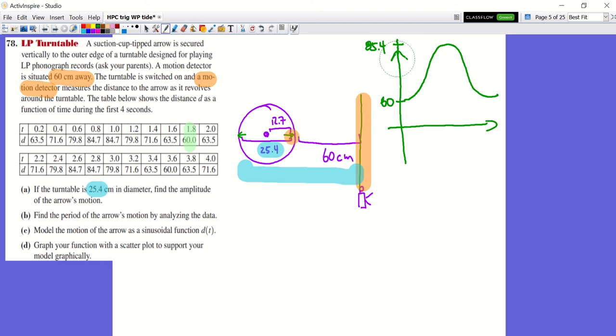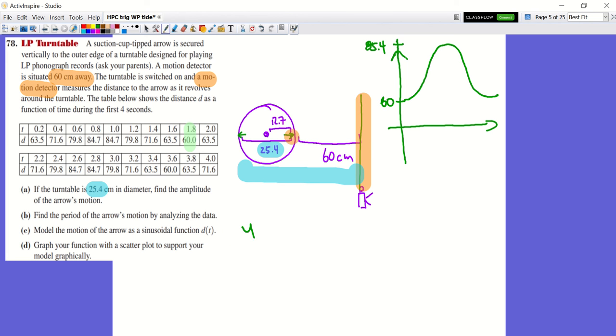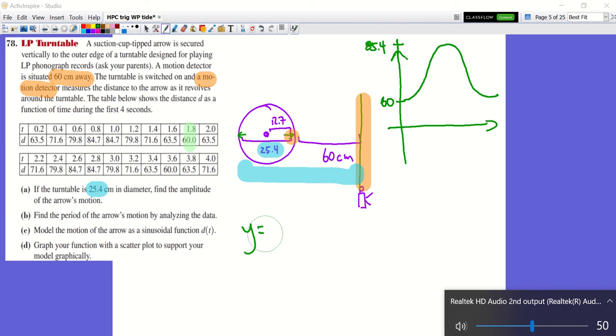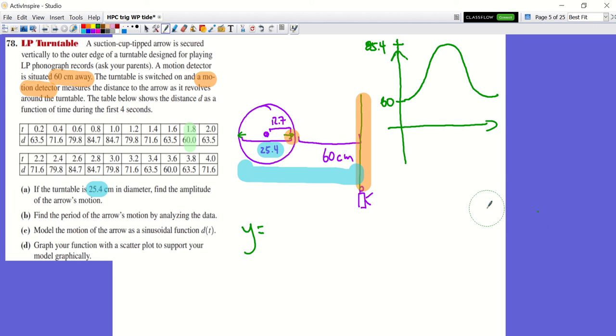All right. So that's not all you need, but that's a good chunk of what you need for this, to fill in the typical equation we use for tides, okay? So let's go ahead and check this out. I'm going to go y equals, let's see what letters I use.